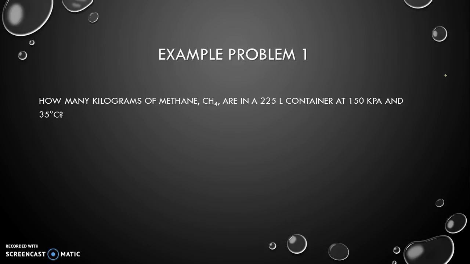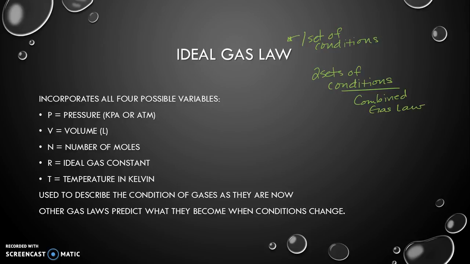All right, let's do an example. Actually, let me go back one more time. Let's talk about that R value. That R value can have two different numbers. One of them is 8.314, and that's if you have kilopascals as your unit of pressure, so the units would be kilopascals times liters over moles times Kelvin.